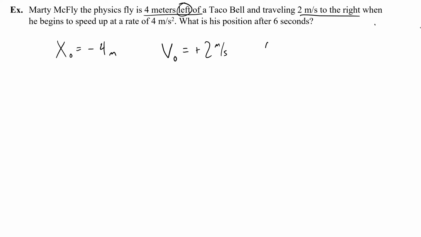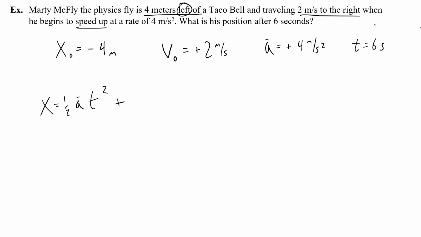Then the acceleration is 4 meters per second squared, and I know that it is also positive because it says that he's speeding up. And if my initial velocity is positive, then in order to speed up, my acceleration has to be in the same direction, which would be positive. And there is a time of 6 seconds. Okay, so now I would use my new position equation, and we can call that the average acceleration.